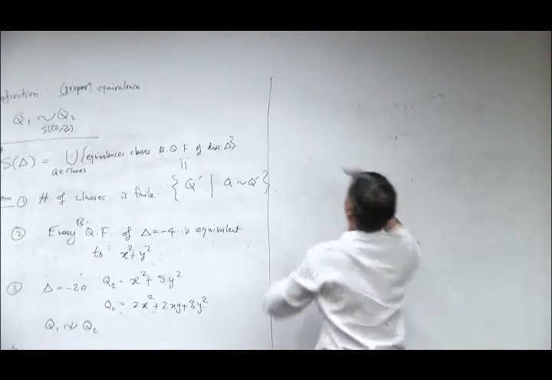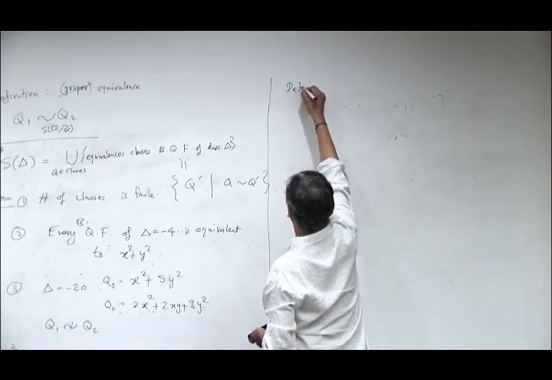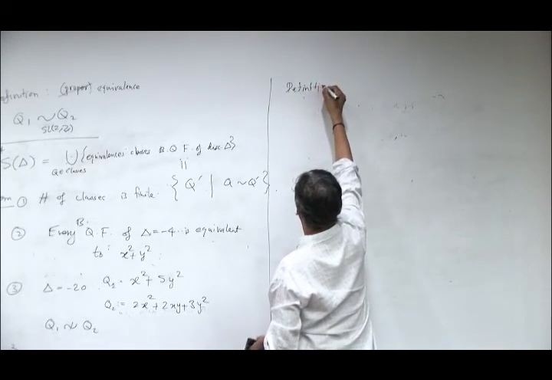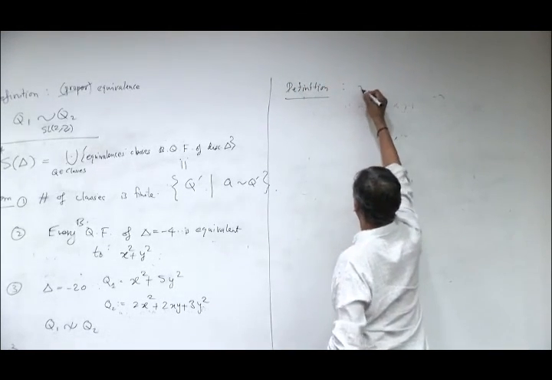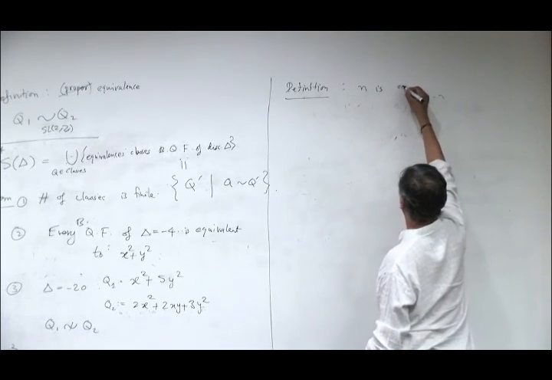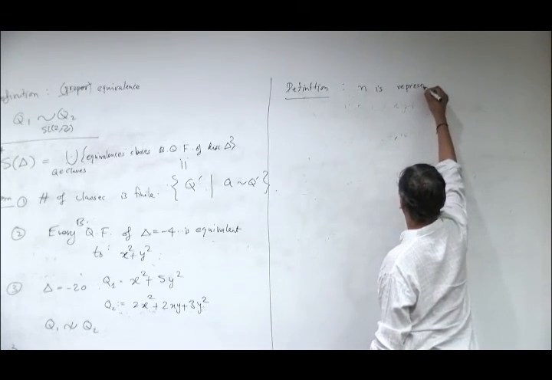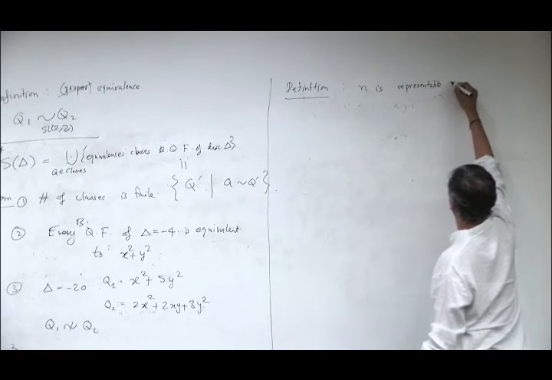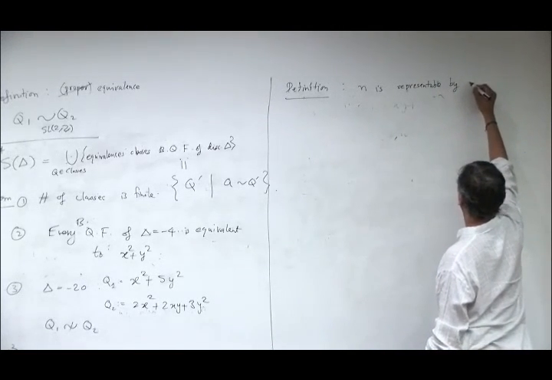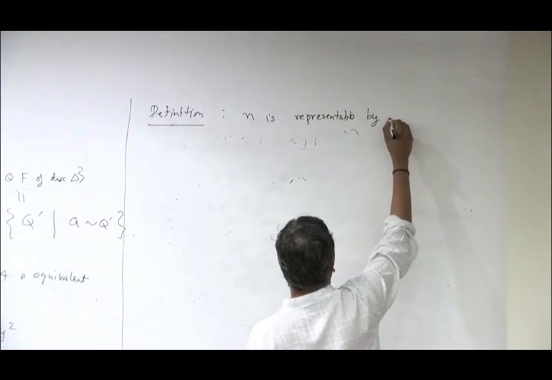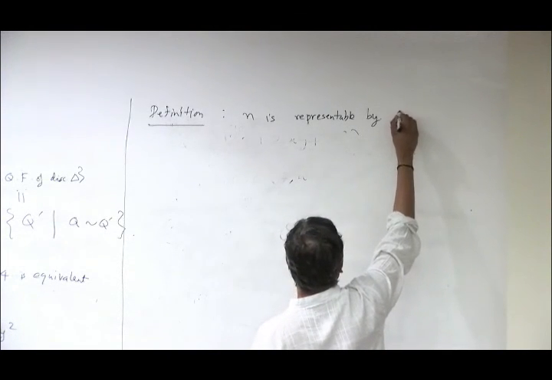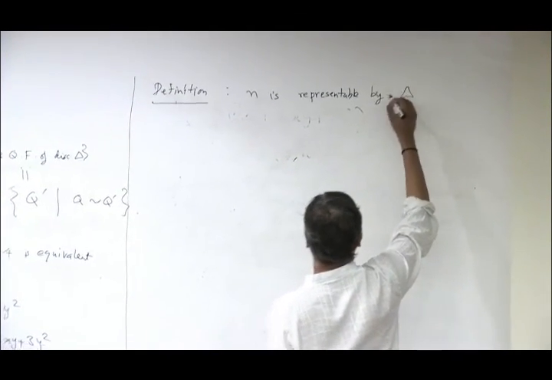Okay, so let's concentrate then on. So I say n is, okay, here is a definition. One more definition. N is representable by delta. Okay, this is an abuse of notation.